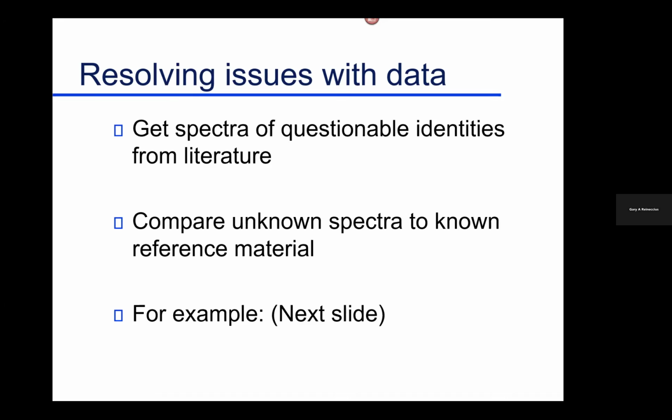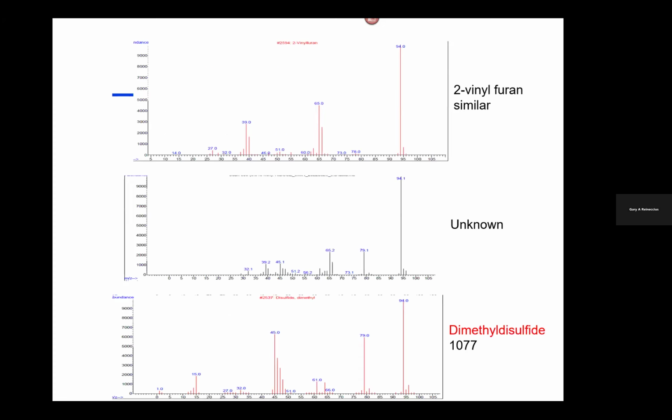So if you don't have your own spectra, you can go to the literature and get them, and then you can simply do a comparison. I like machines, but I also like people a great deal. I think we're smart most of the time, but the machine doesn't necessarily have that ability.